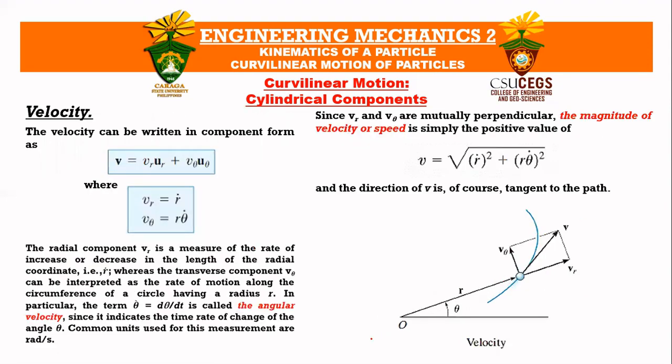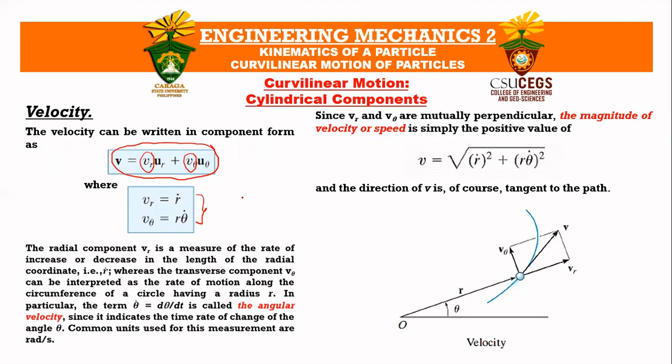The velocity can be written in component form as the following. This is the vector form of our velocity using the polar coordinates. The vr and v theta are the polar components of your velocity, which are equivalent to the following: vr is equal to r dot, and v theta is equal to r times theta dot.